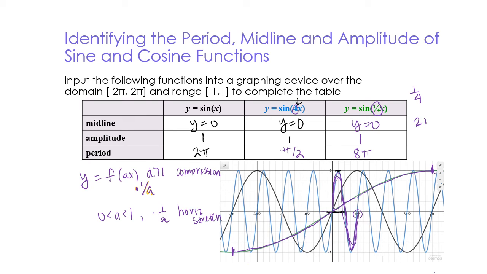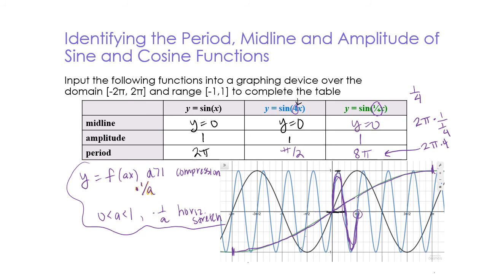I would take the normal period, which is 2 pi, and multiply it by 1 over 1/4, which is the same thing as multiplying by the reciprocal, 4, and that's where that 8 pi comes from. That probably was confusing, but I'm just showing you where this comes from.